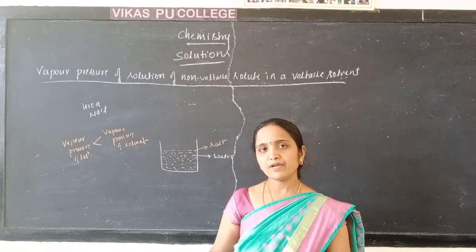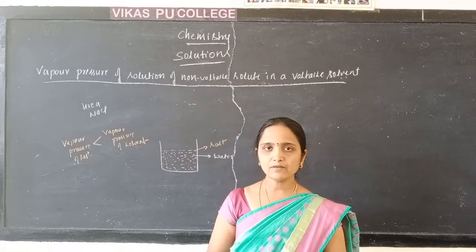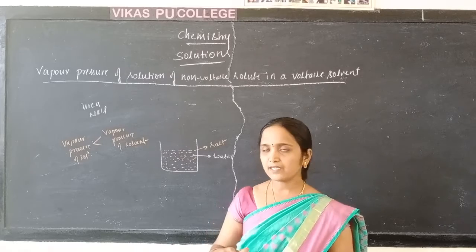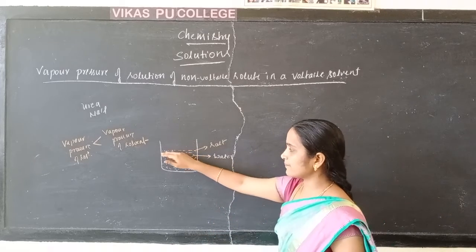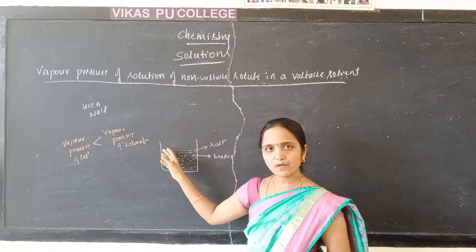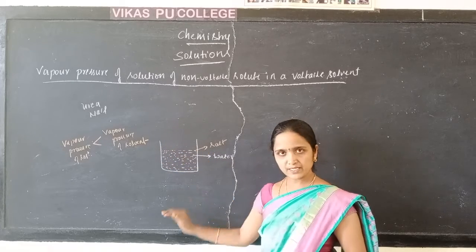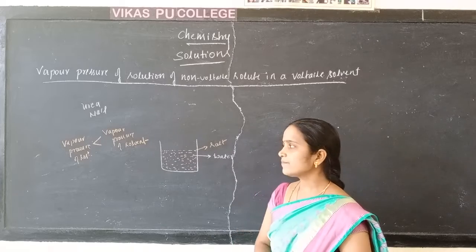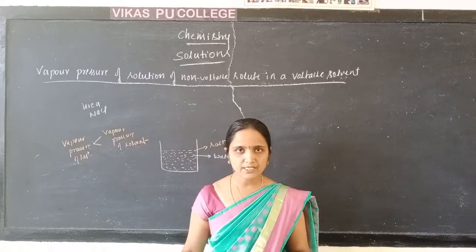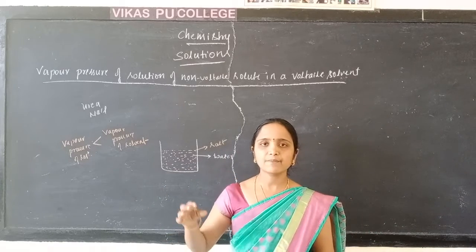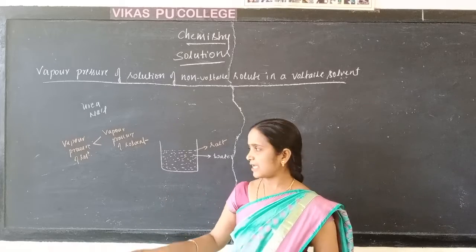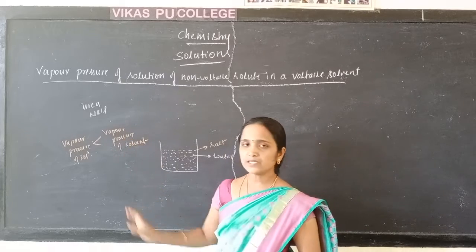Escaping capacity is more in the volatile solvent. When we add the non-volatile solute, the surface is occupied by non-volatile solute particles. At that time the pressure decreases. ಅದಕ್ಕೆ ಏನಾಗುತ್ತೆ ಅಂದ್ರೆ the vapor pressure of the solution is less than the vapor pressure of the solvent.